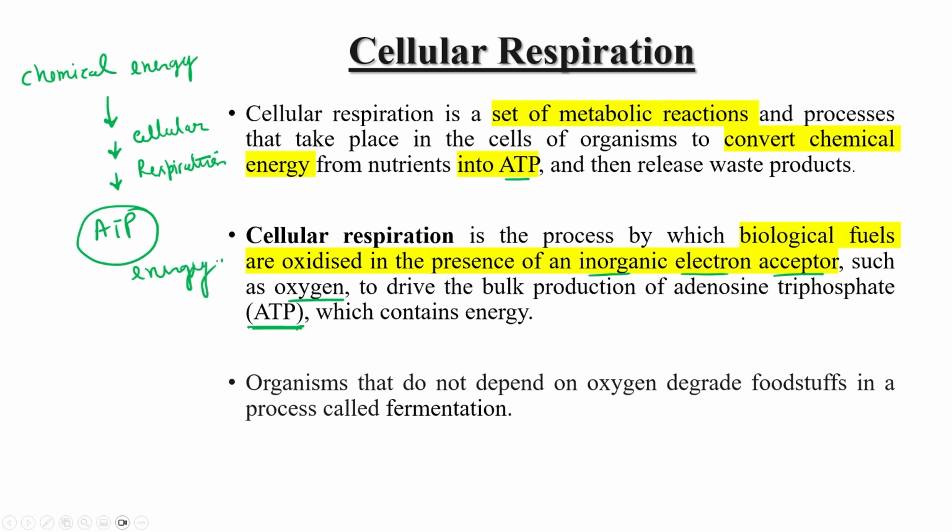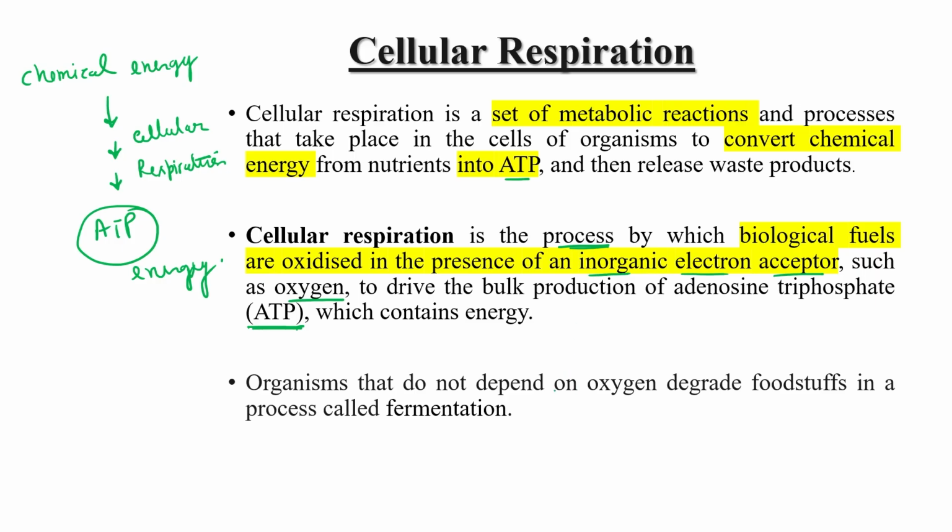Okay, so this is a process. Cellular respiration is a process by which biological fuels are oxidized in the presence of inorganic electron acceptors, meaning oxygen, to drive the bulk production of ATP, right?